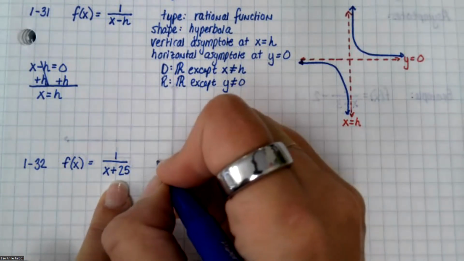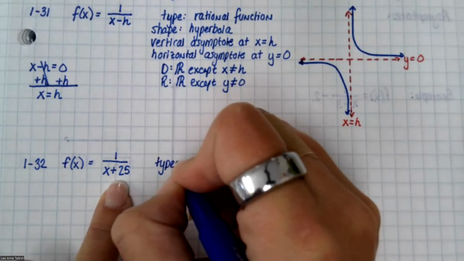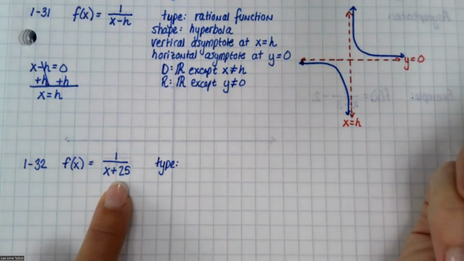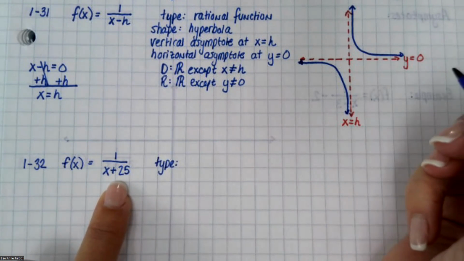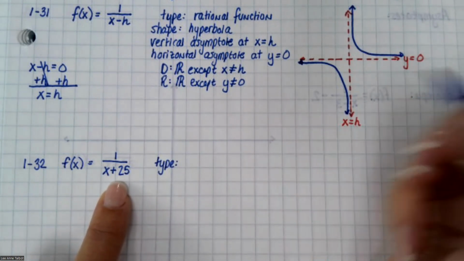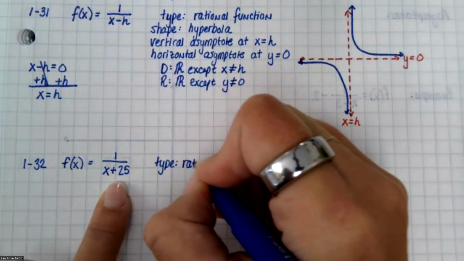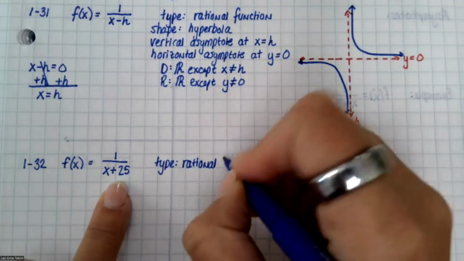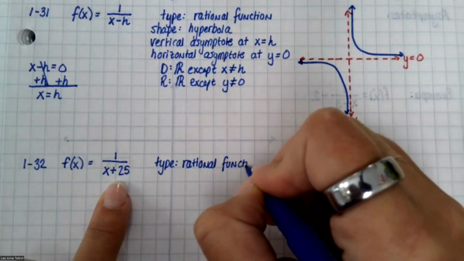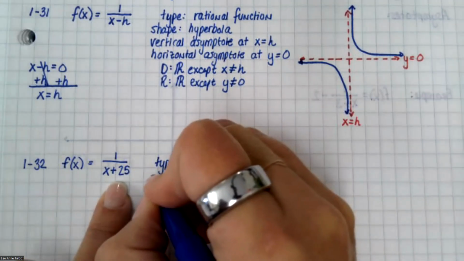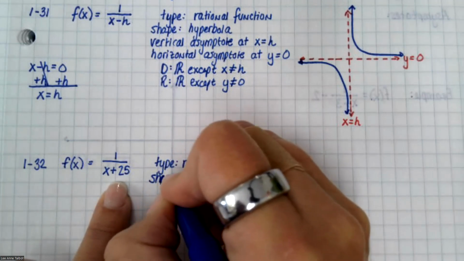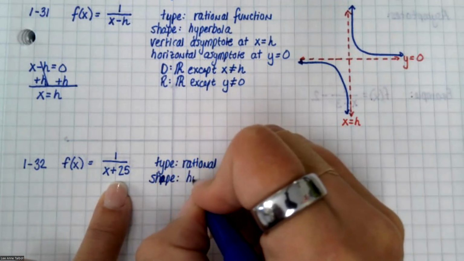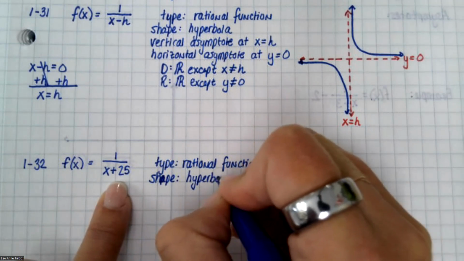What type is it? Parabola, line? Oh, I don't know. Rational function? Yeah. What would its shape be? A hyperbola.